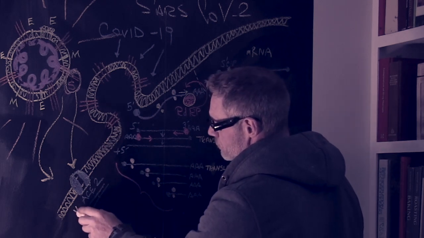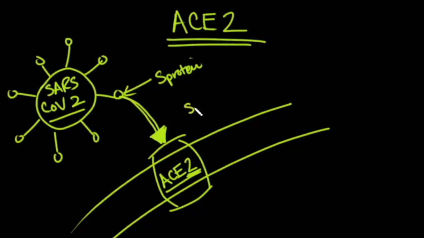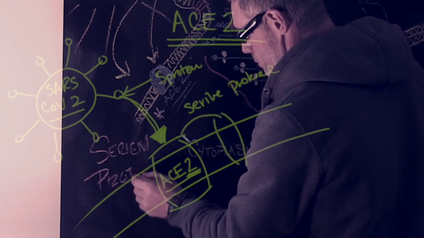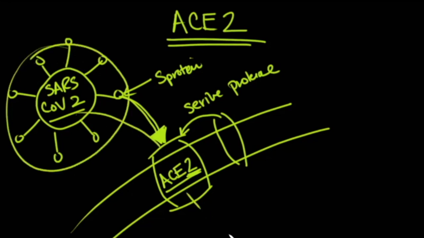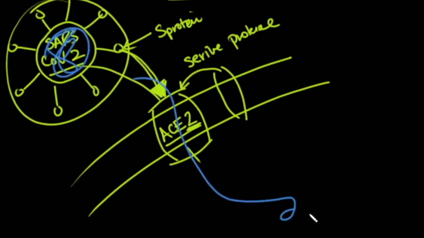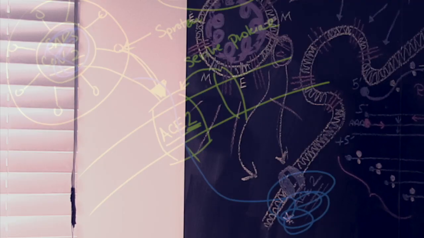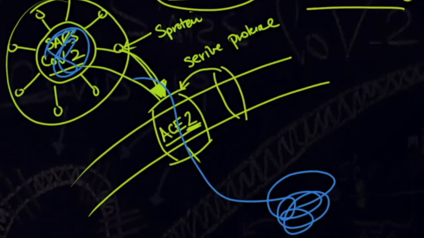This is where the S protein docks, and then there's another protein called a serine protease, which is also here in the membrane, which helps to internalize this virus into the cell, and it allows the messenger RNA, which is in here, to come in and infect the cell. The key here, though, is that this protein on the side of the cell is ACE2, and it's exactly the same protein that was the receptor for the SARS-CoV virus back in 2002.